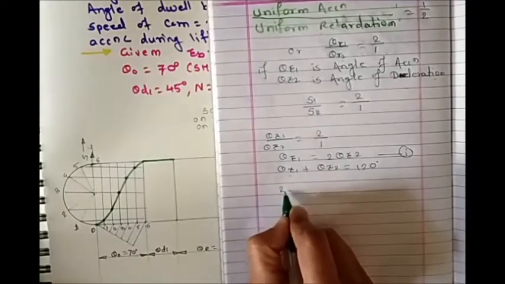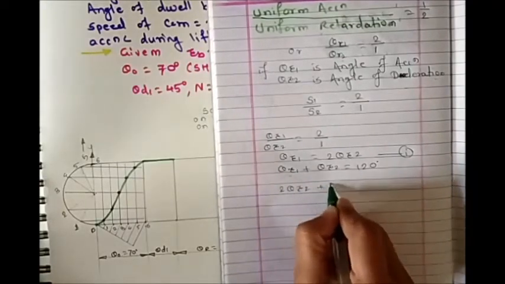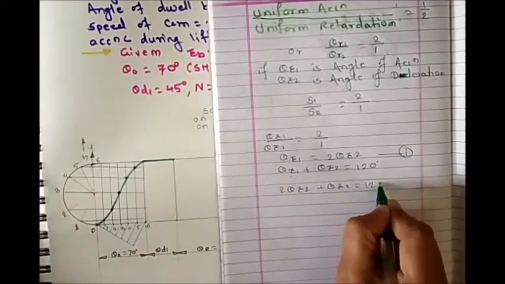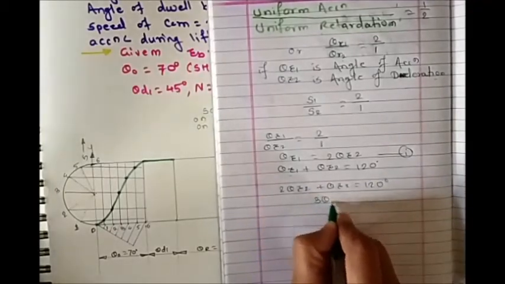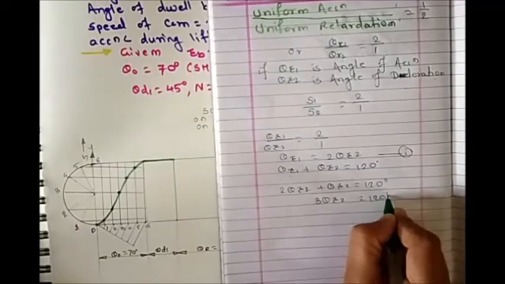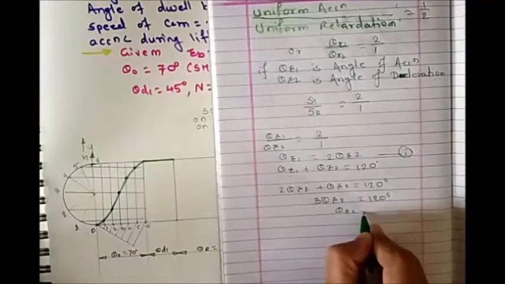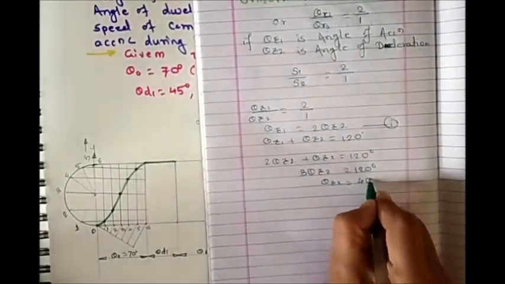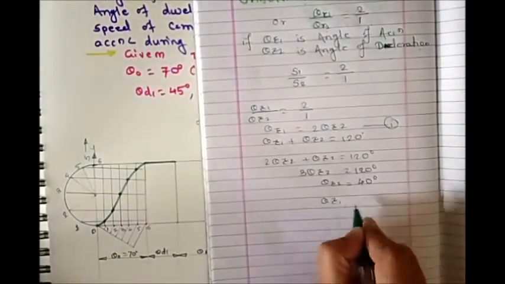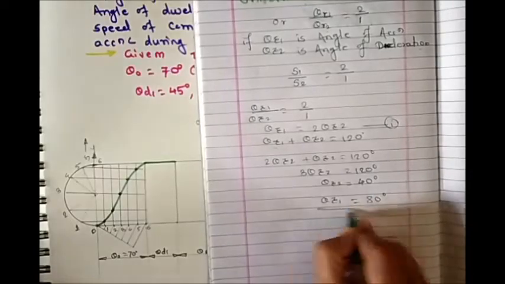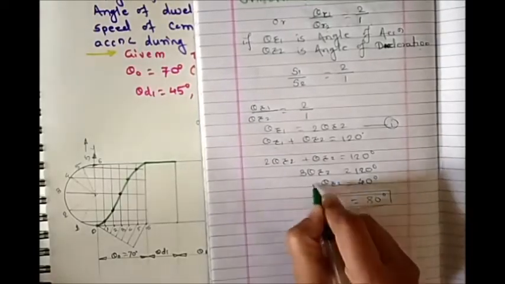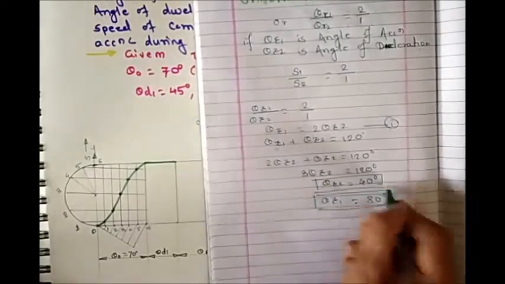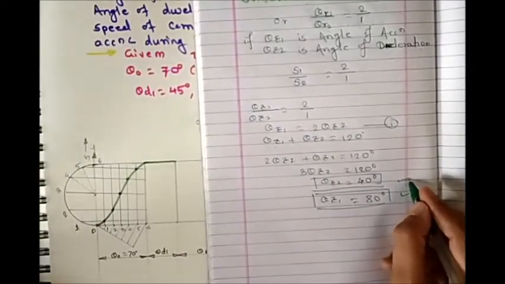So it is 2 theta r2 plus theta r2 is equal to 120 degrees. It is 3 theta r2 is equal to 120. So theta r2 is equal to 40 degrees. So theta r1 is equal to 80 degrees. So in this way we get the angle of rotation during the acceleration and during the deceleration.